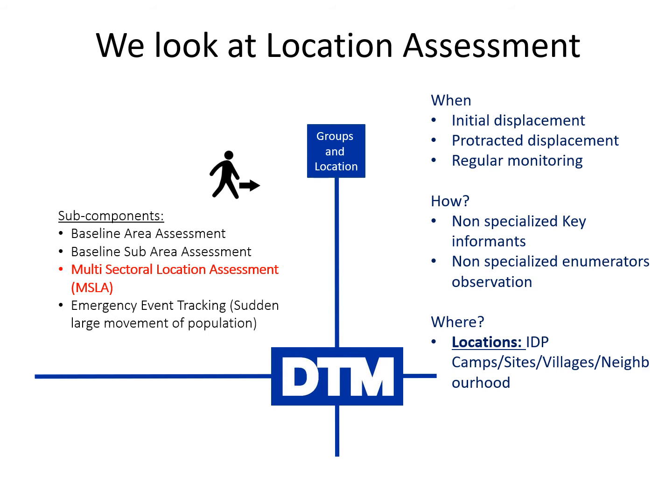It is implemented through observation and key informants at community level, and both key informants and enumerators are not technical experts in any of the sectors. It is implemented at location level, and location can be IDP sites, camps, villages, neighborhoods, and so on.